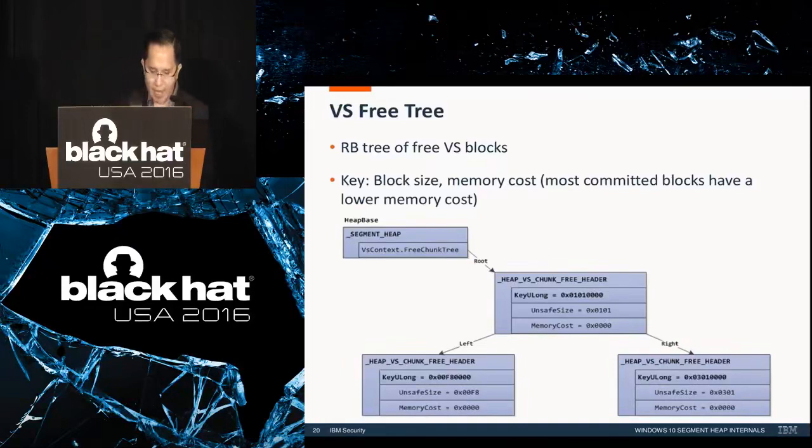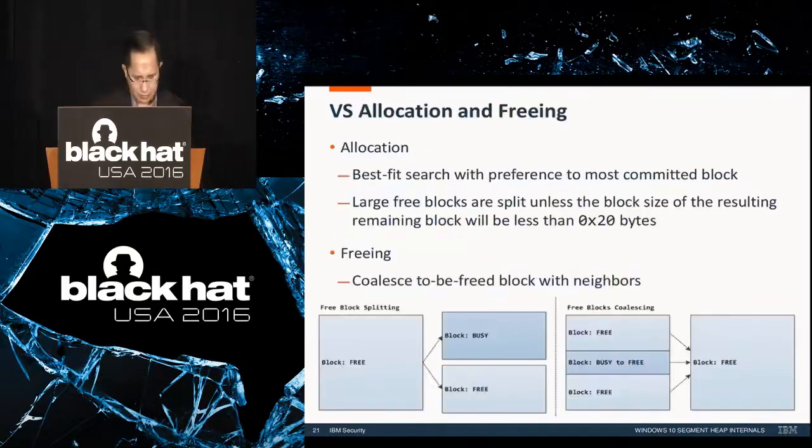So similar to the backend, the key is set up that way so that when searching for free VS blocks, a best fit search is done with the most committed blocks given preference. In other words, if two VS blocks with equal size will fit the allocation request, the most committed block will be selected. For the allocation, as I mentioned, best fit search with a preference to the most committed block is conducted.